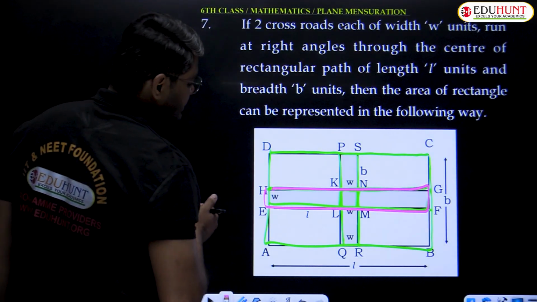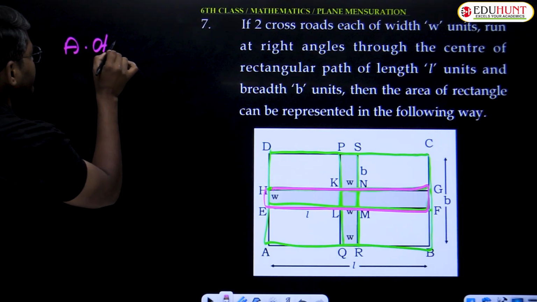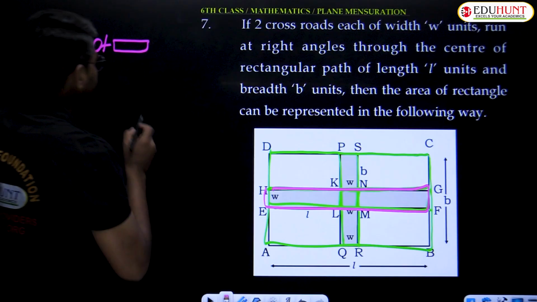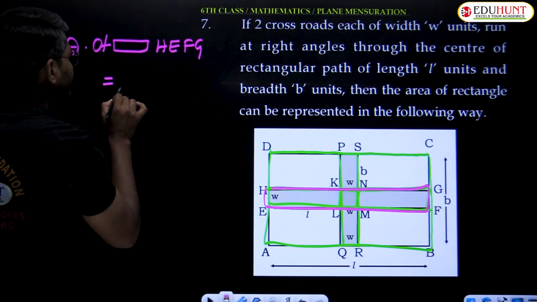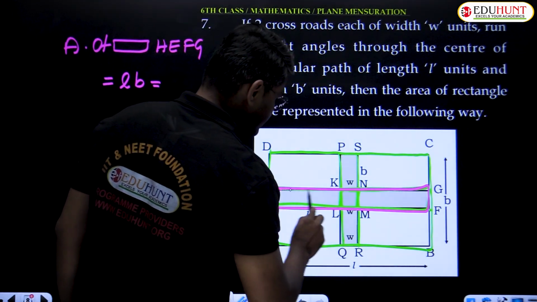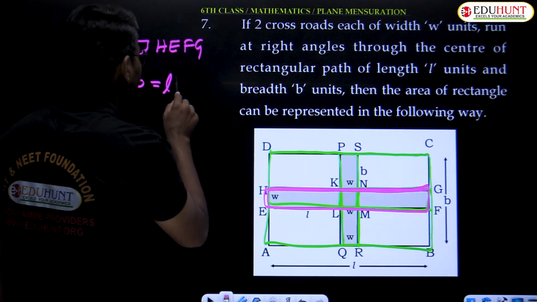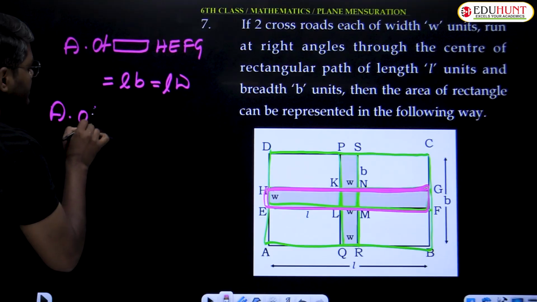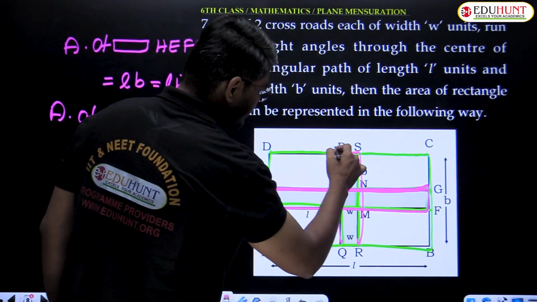Area of rectangle HEFZ is L into B. That L into B is equivalent to L is L, B is W only.